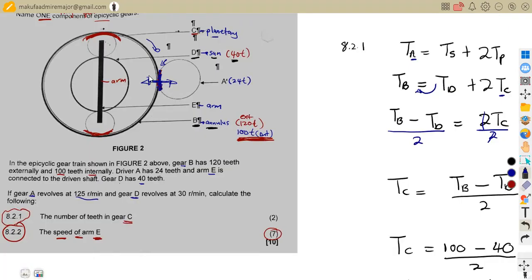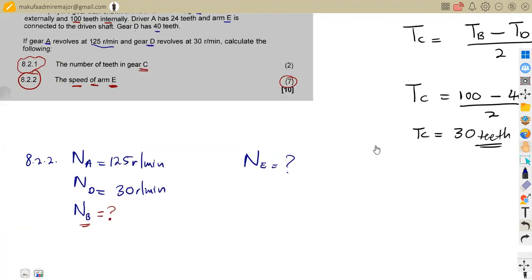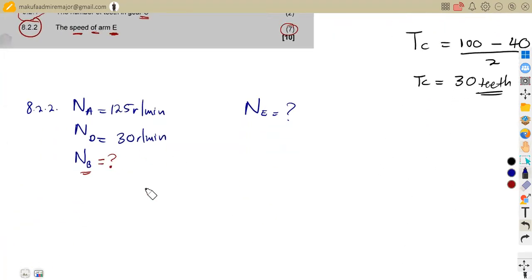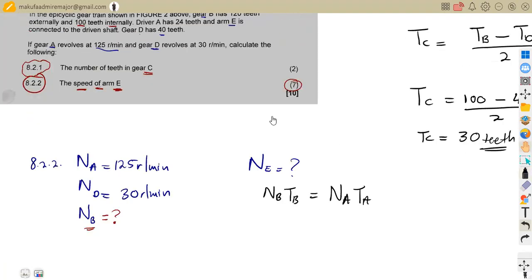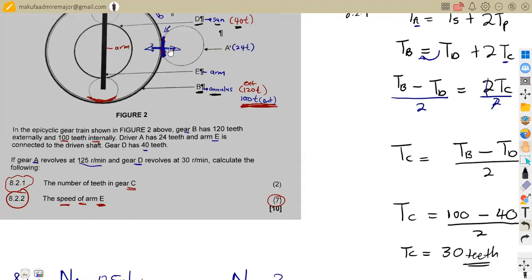So from the ratio of speed and the number of teeth, remember we are dealing with B and A. It follows that the speed on B times the teeth on B is also equal to the speed on A times the teeth on A. We are focusing on the ones that are linking here.